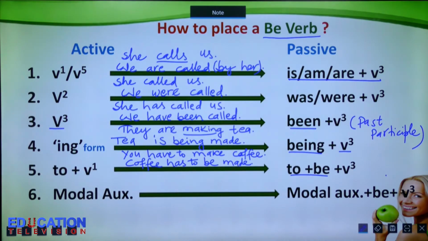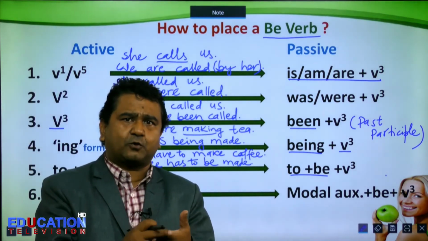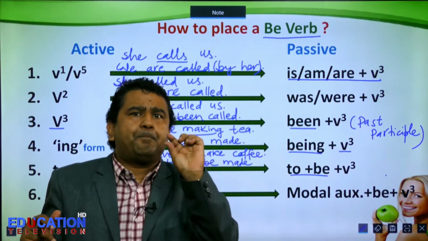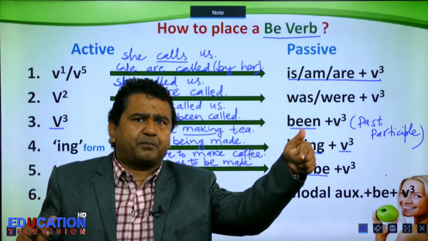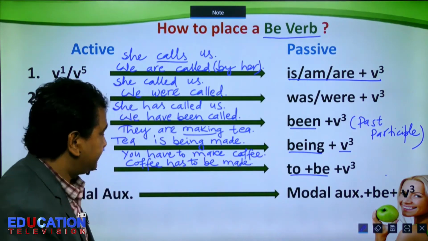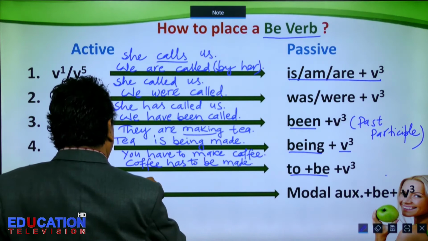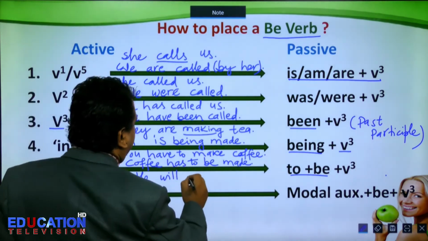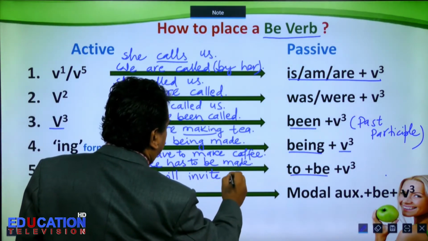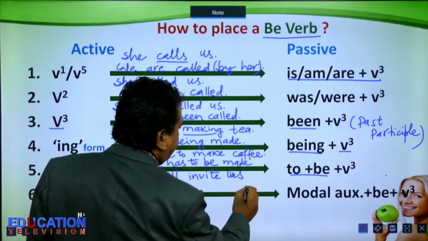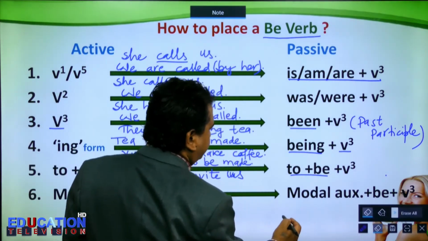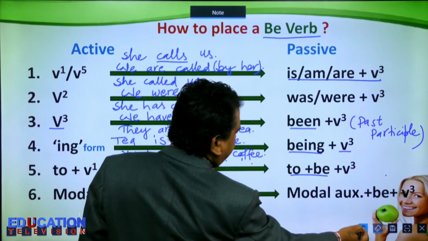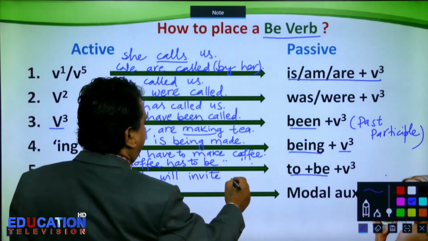Alright. Now modal auxiliaries like can, could, shall, should, will, would, may, might, etc. They are followed by be and past participle, that is V3. Let us see. He will invite us.